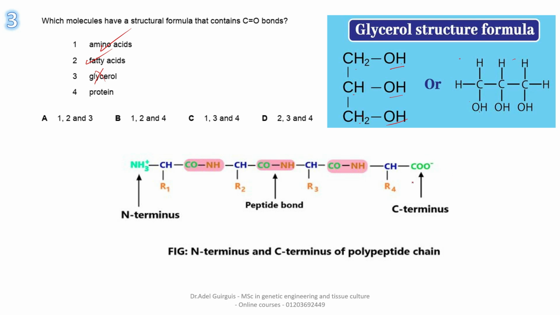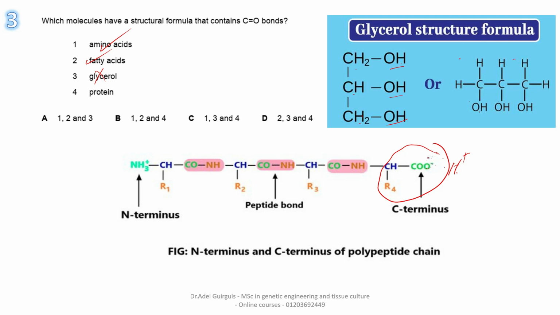It has 2 terminals. One terminal, for the first or the last amino acid, contains C double bond OH. Where is H? H is removed as this acid is a proton donor, it can release a proton in the medium.